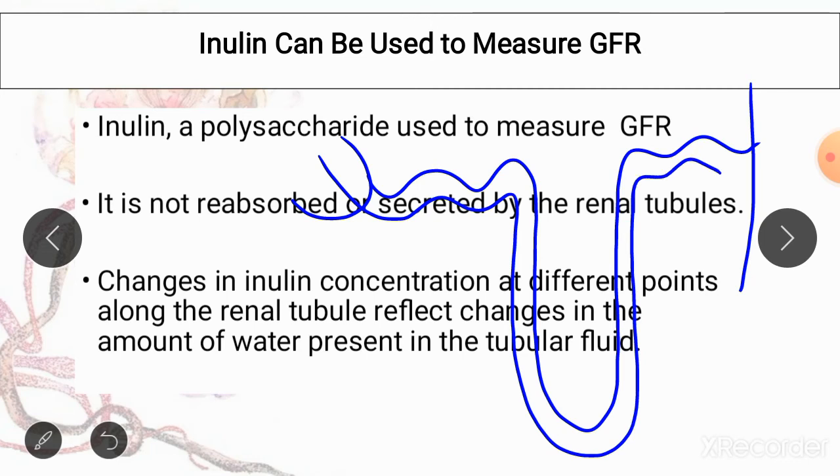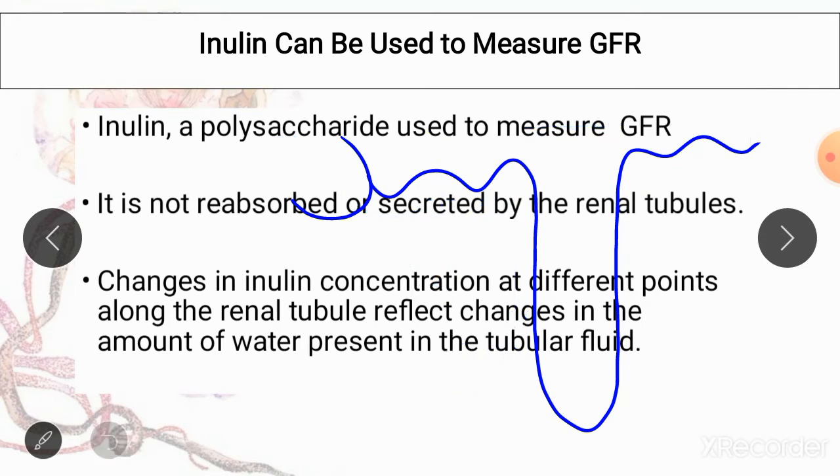If 3 grams of inulin is filtered in the nephron, it is going to remain 3 grams throughout the nephron. But when a lot of water is reabsorbed from some portion of the nephron, of course the concentration of inulin in that part is going to increase relative to water, and this can give you information about the movement of water in that part of the nephron.